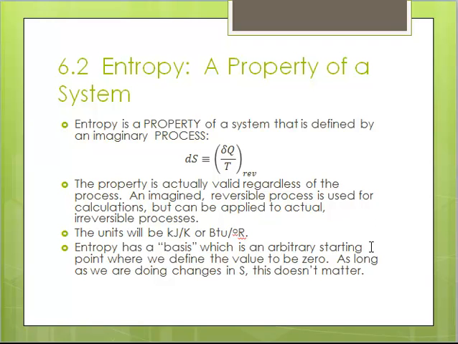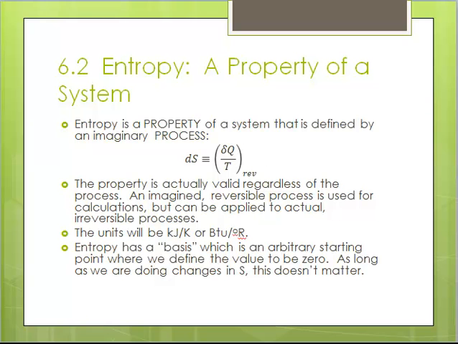So there's a basis, some arbitrary starting point, which we define to be 0. Since it could be anything, we're going to have to accept that the table chose something and was consistent in using that same starting value for all possible data points that they tabulate in the data book. This also means, however, that one data book may make a different selection than a different data book, so you've got to be careful as you jump from one table to another.